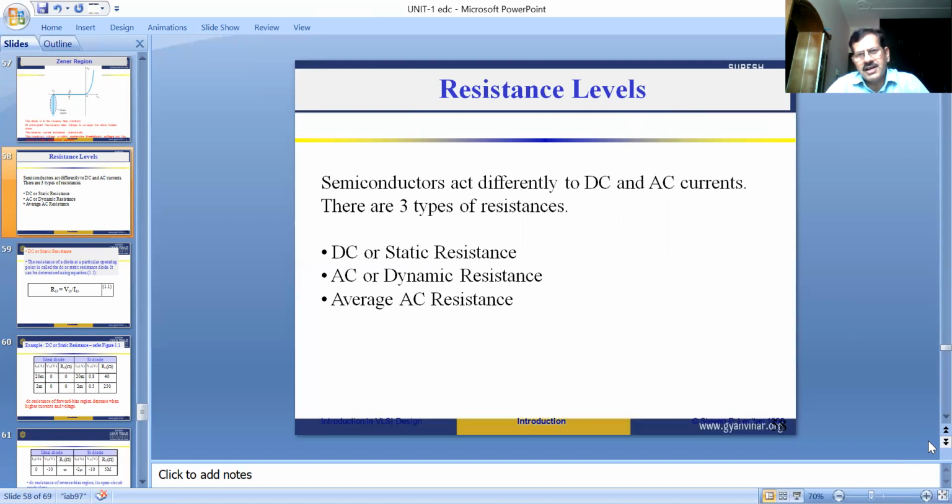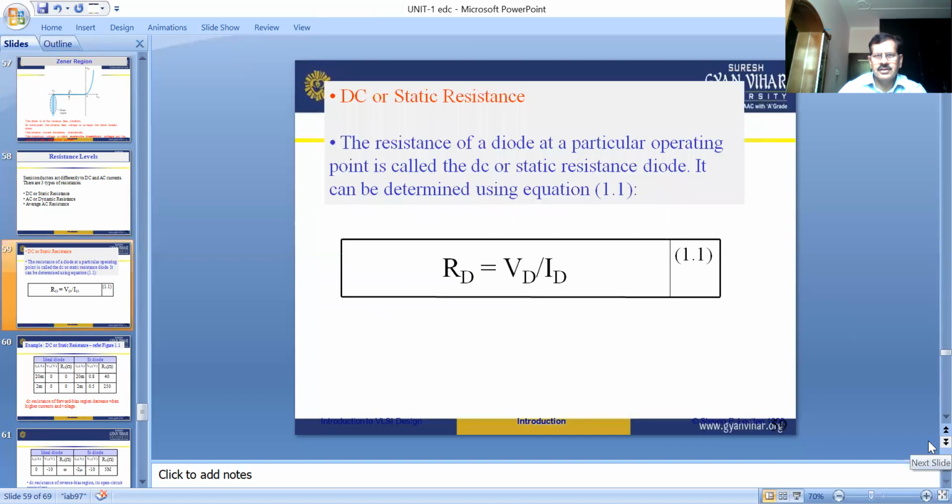DC means direct current resistance and AC means alternating current resistance. First one is the DC or static resistance. Second one, AC or dynamic resistance. Third one is average AC resistance. So there are a total of three types of resistance in PN junction devices.